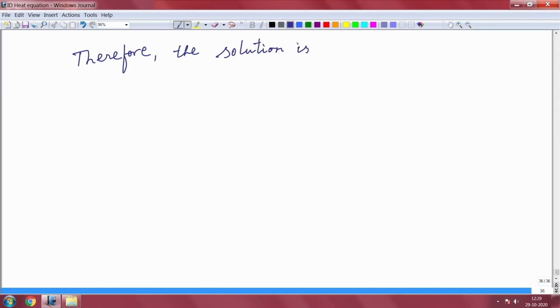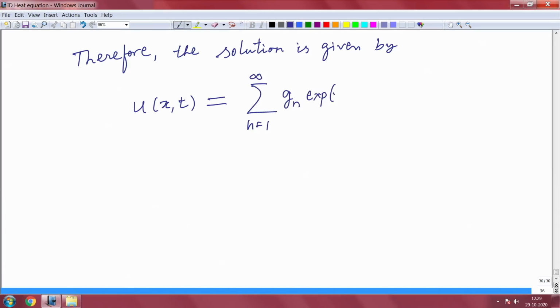The solution is given by u of x t is summation n equal to 1 to infinity g n exponential minus n square pi square a square t by L square sin n pi by L x, where g n's are the Fourier sine coefficients of the function g.